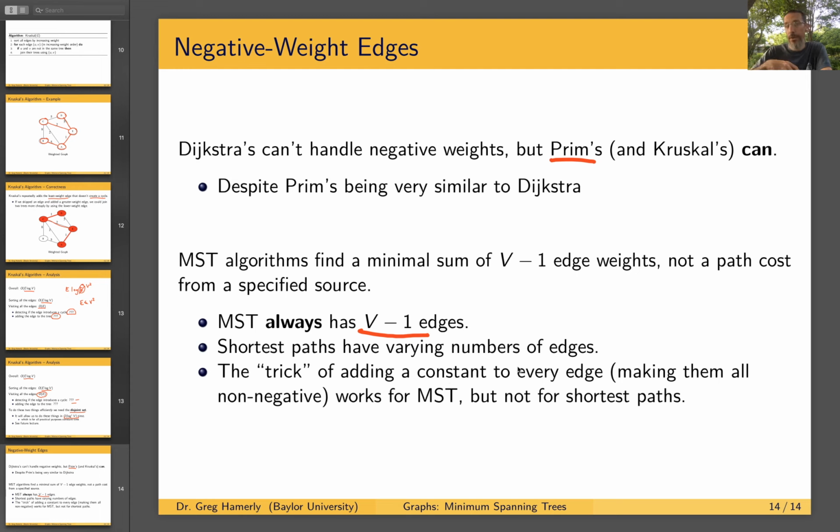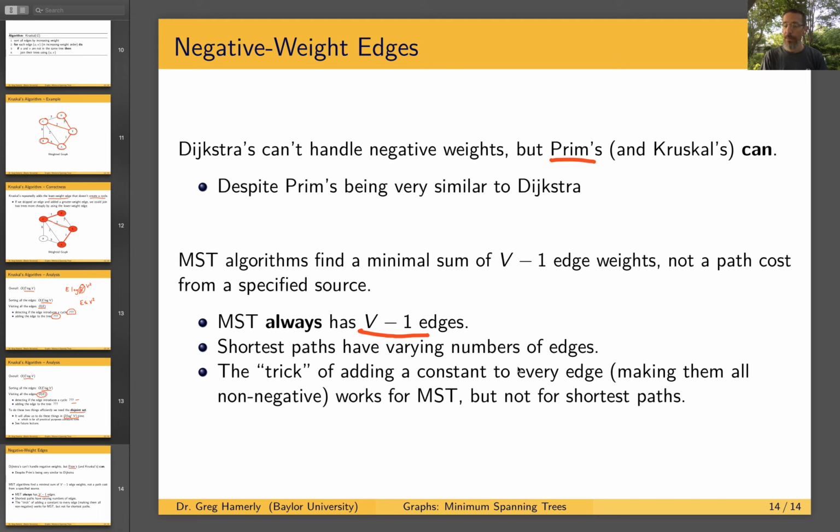And so earlier, when we talked about Dijkstra's algorithm, we said, would it be possible to get rid of the problem of negative weight edges by adding a constant so that none of the edges are negative weight anymore? And that didn't work because for longer paths that used more edges, it impacted those path costs more because you're adding the same constant over and over on each of those edges. But with a minimum spanning tree, you always end up with V minus 1 edges, no matter what you do.